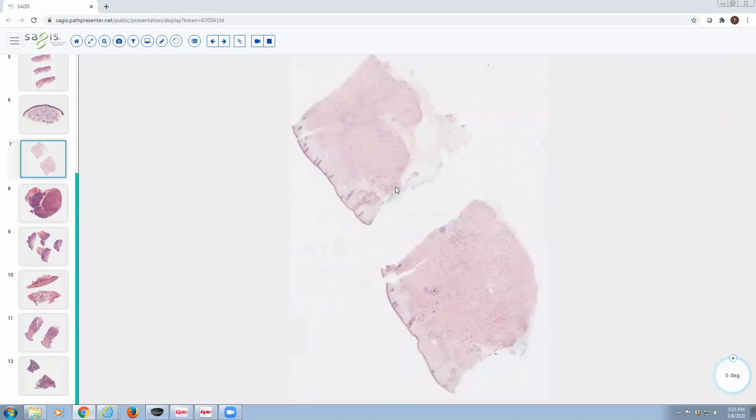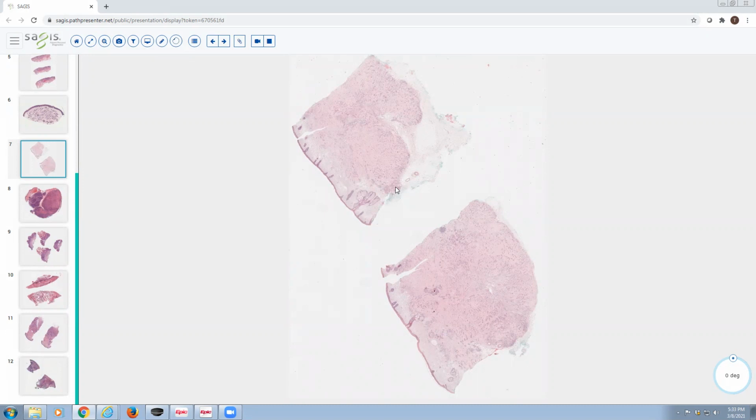Okay, so we've been talking about pilar neoplasms and eccrine neoplasms, and now we're going to talk about a neoplasm that actually has features of both. This is a microcystic adnexal carcinoma.